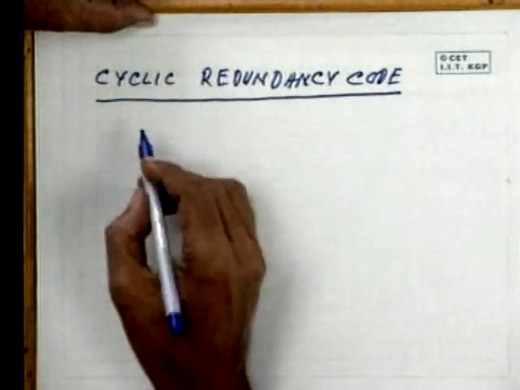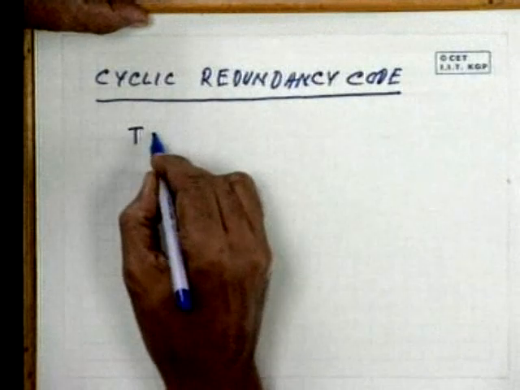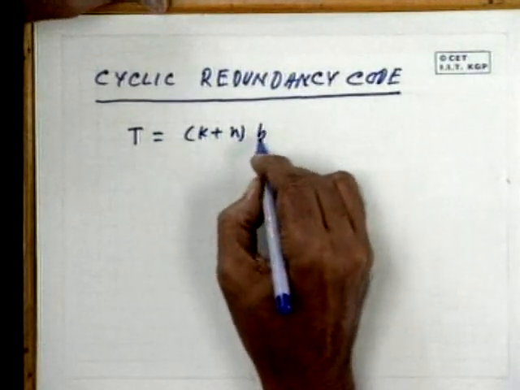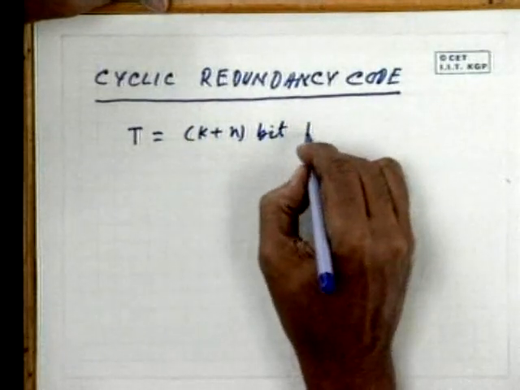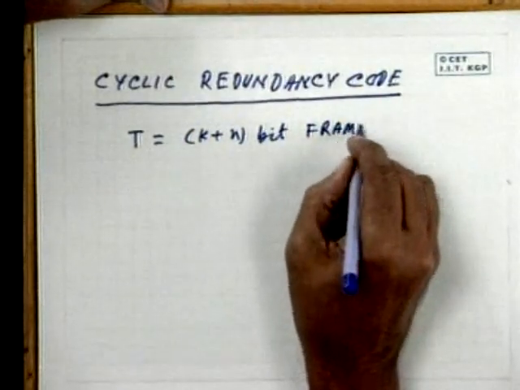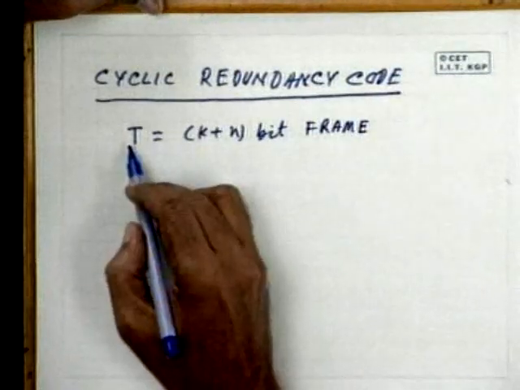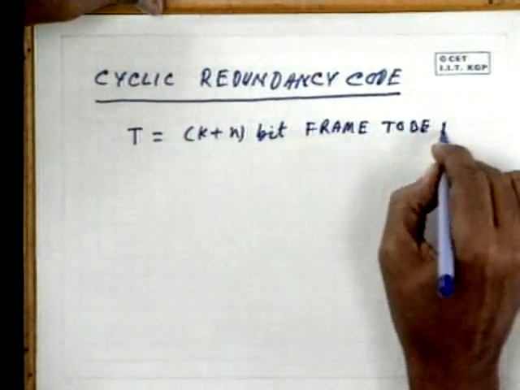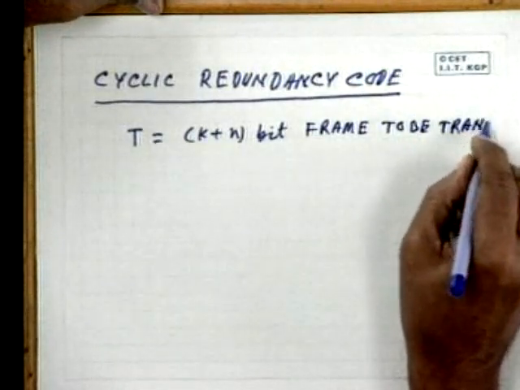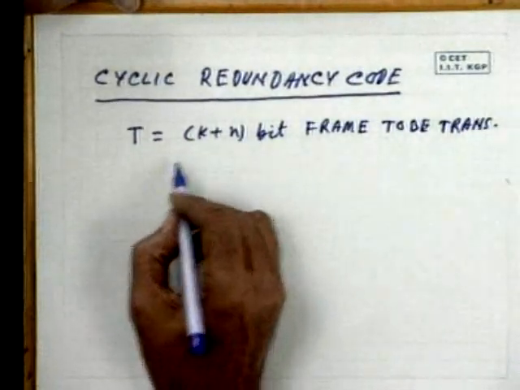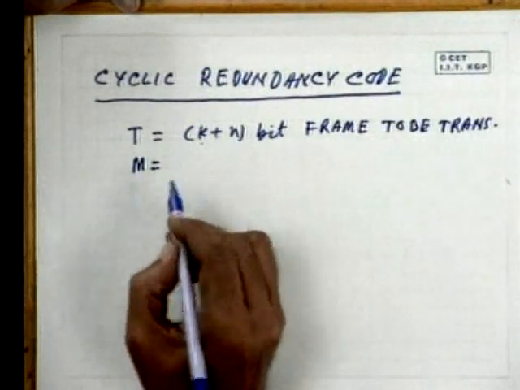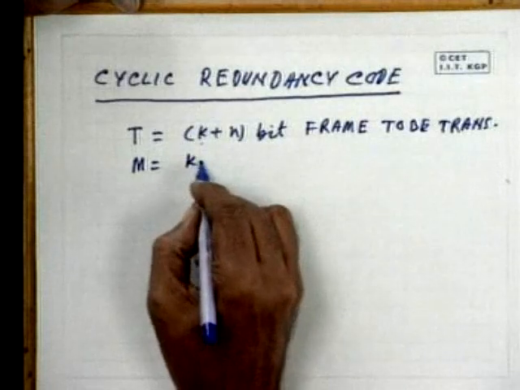The basic idea is, let's assume T is the K plus N bit frame that is to be transmitted. Out of these K plus N bits, M is the message, which comprises K bits.